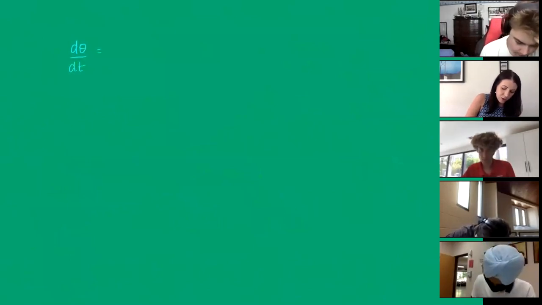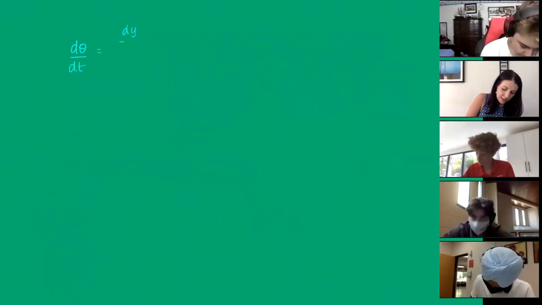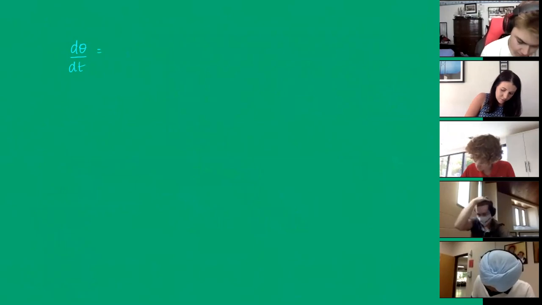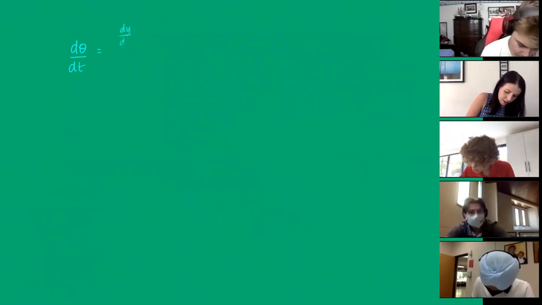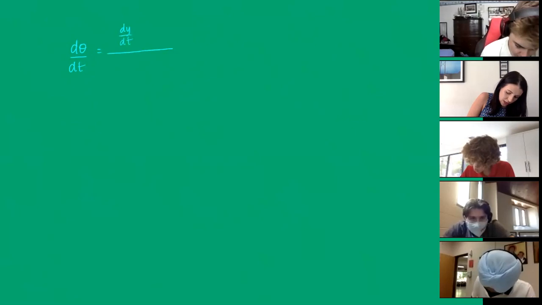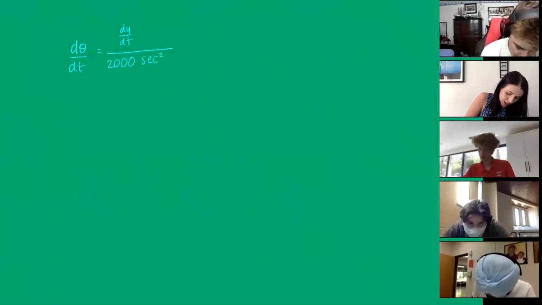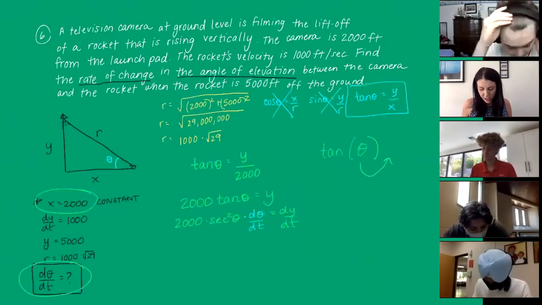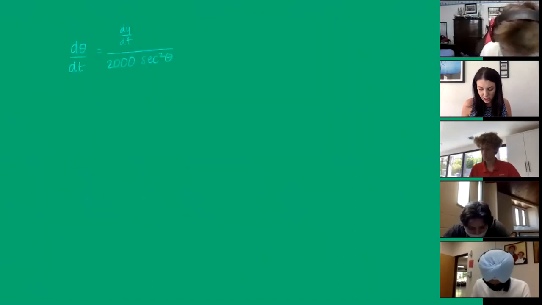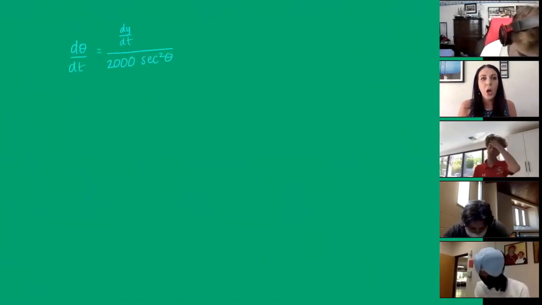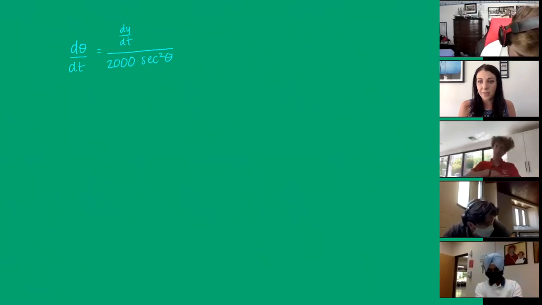So we have d theta over dt is equal to dy over dt divided by 2000 times secant squared theta. Okay, so all I did was take that equation over here and divide over the 2000 secant squared to the other side. So we get d theta dt equals dy dt over 2000 secant squared.